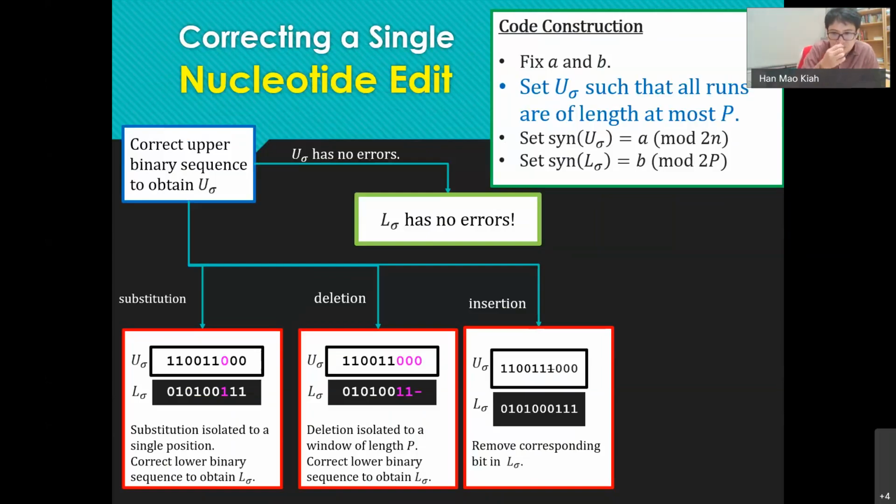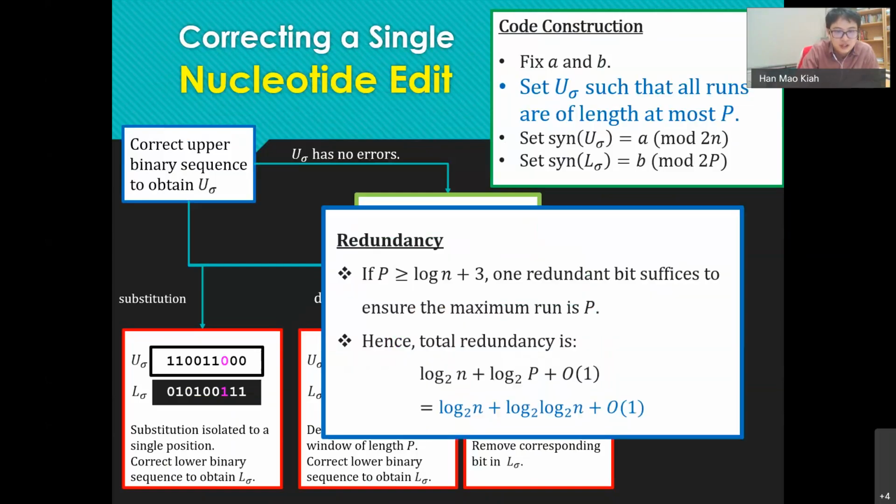But let me just mention how we estimate the number of redundant bits. In our construction, we have a choice for the parameter p. To achieve optimal redundancy, we set p to be roughly log n. It turns out that one redundant bit is sufficient to enforce the maximum run condition.